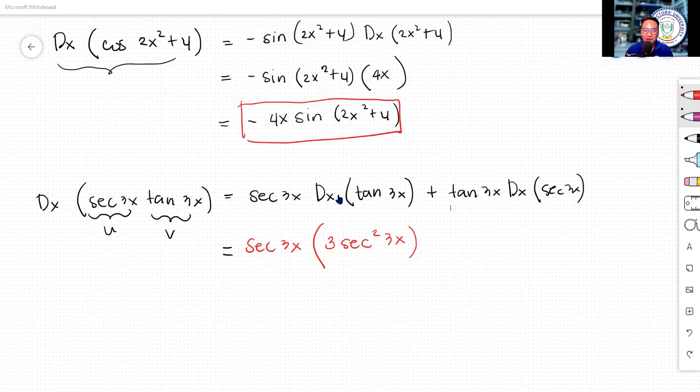Sorry, sir, I wrote it the other way around, but it's the same. Plus tangent 3x, and then the derivative of this secant 3x, guys, is 3 secant 3x tangent x. Sorry, tangent 3x. Right? Yes, sir, the same.